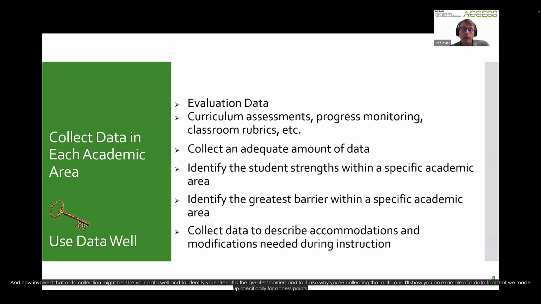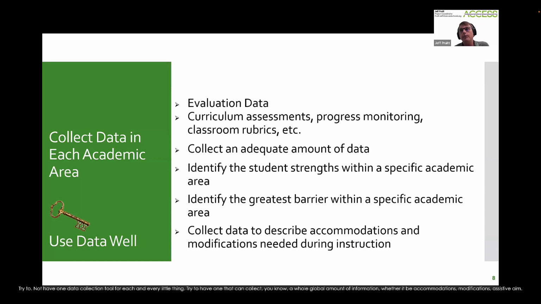Use your data well to identify your strengths and the greatest barriers. While you're collecting that data, and I'll show you an example of a data tool that we made up specifically for access points, try to not have one data collection tool for each and every little thing.